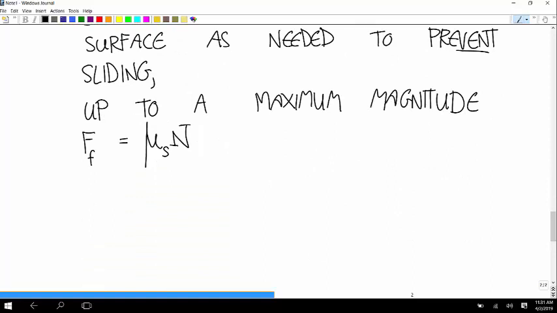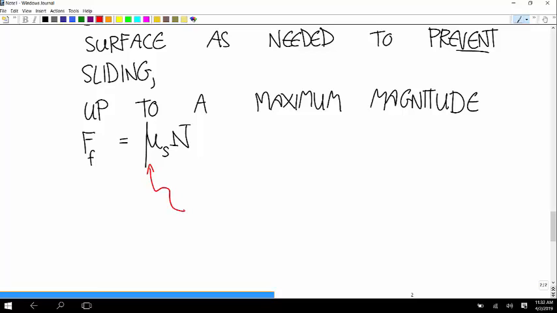Okay, so the force of friction is a force that has SI units of newtons. The normal force is a force, so that has units of newtons. So what are the units of that coefficient of friction if you're going from newtons to newtons? It has to be just a plain number.